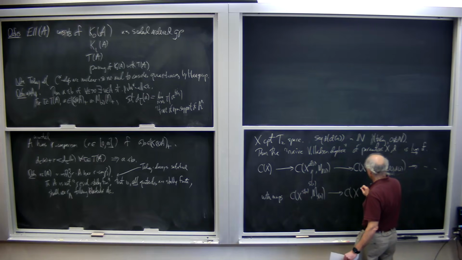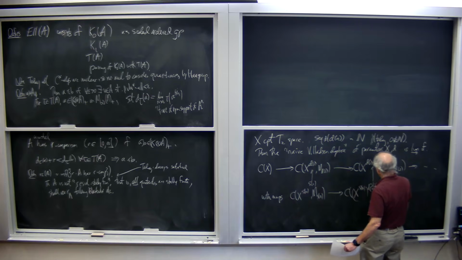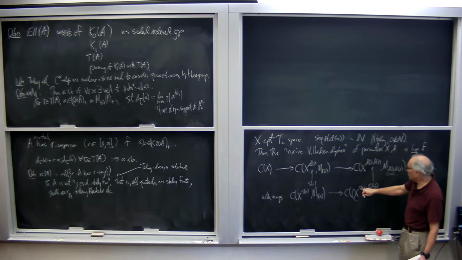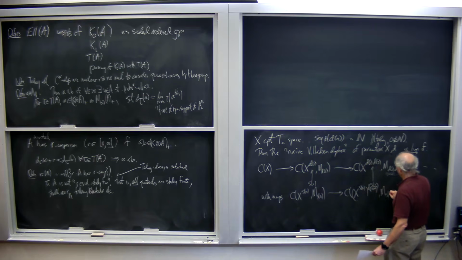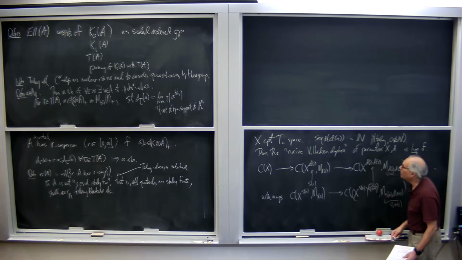So I'm going to write it like this, X to the S of n to the power D of n plus 1. So the total exponent here is S of n plus 1, M S of n, D of n plus 1. So this is, of course, S of n plus 1. And so what are they?